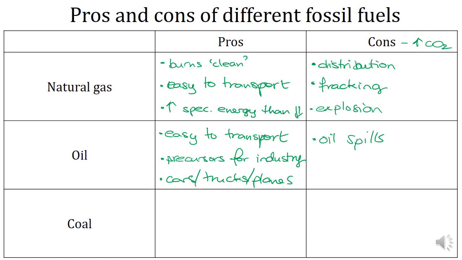Now, coal. The distribution was a con looking at natural gas. Coal, it's actually reasonably evenly distributed. So the distribution of coal is comparatively well distributed.